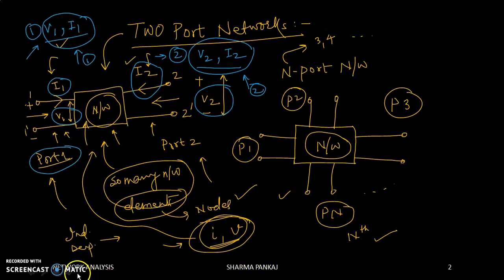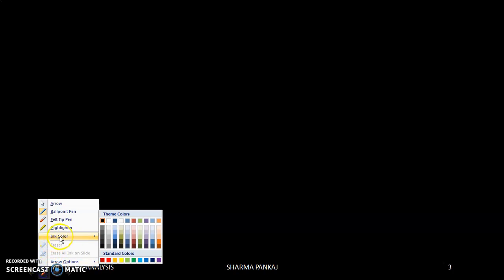There is a set of independent and dependent variables. We'll see this. Let us understand the parameters of two-port network.